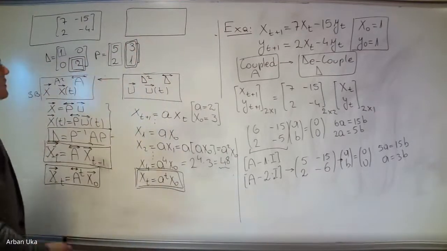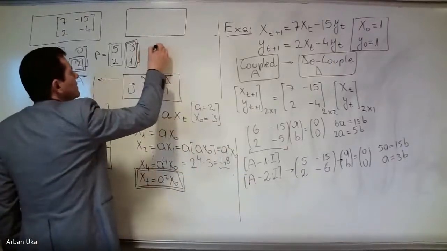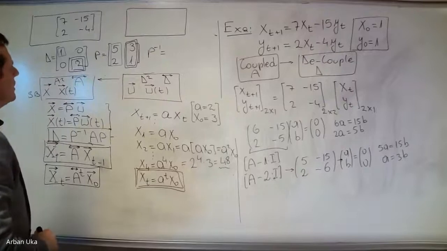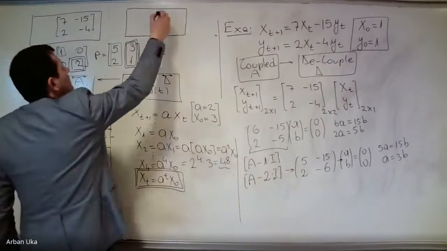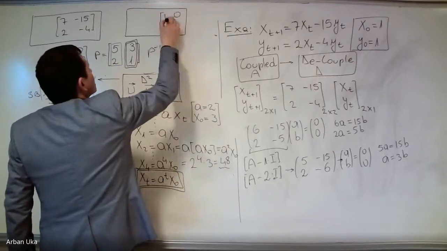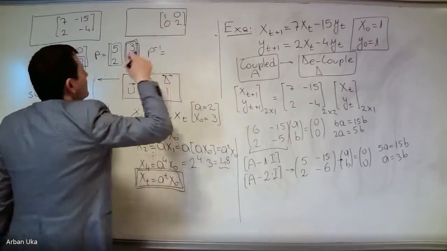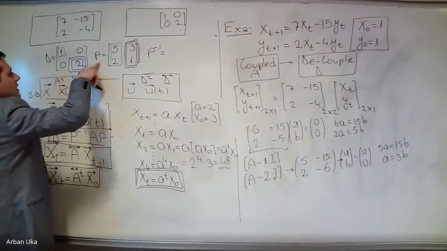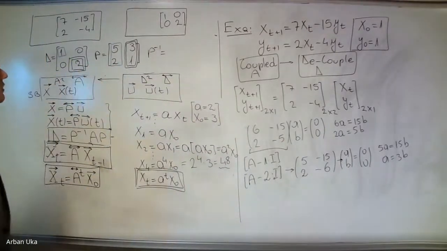Okay? So if this is P, then the next step is that we need to calculate what is P inverse. Before we do this, by the way, we can immediately write the respective matrix D: 1, 0, 0, 2. And now, what is the determinant of P? The determinant of P is minus 1.